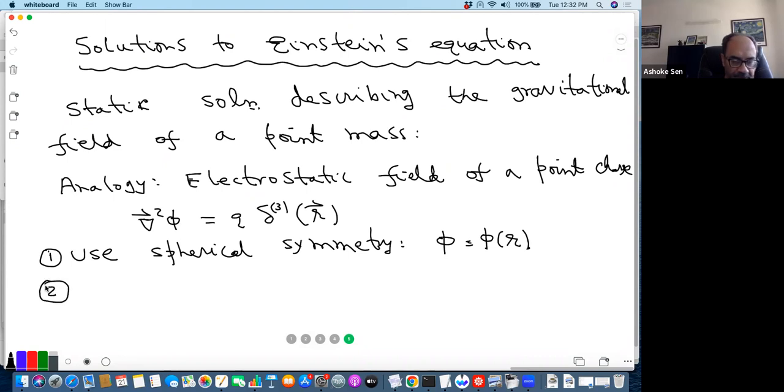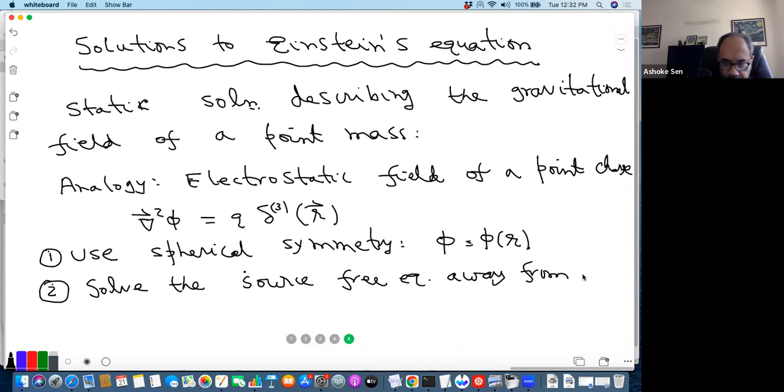Second, we can simplify life even further by solving the source free equation away from r equal to 0.